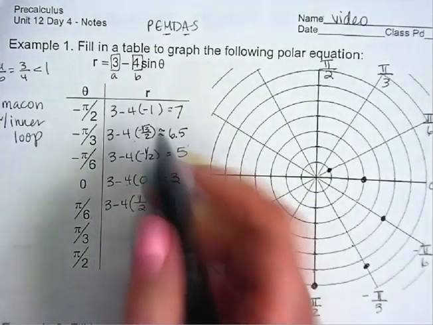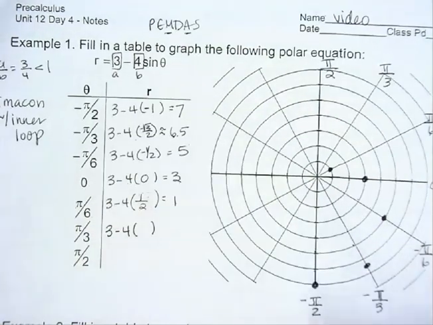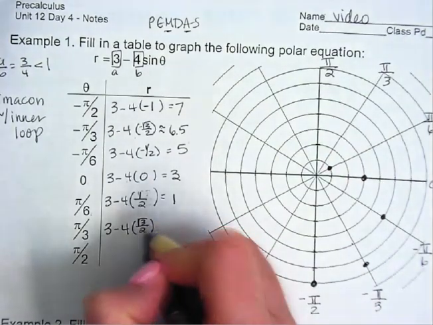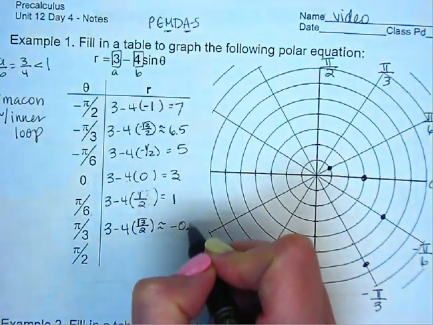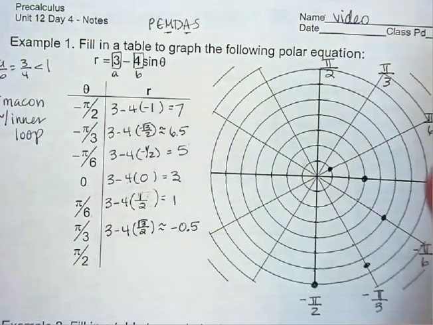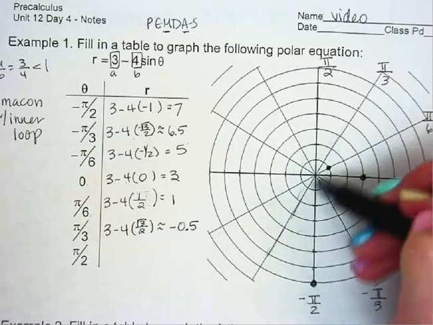Plug in π/3 for theta. At π/3, your sine value, this is the positive √3/2 that I was trying to get at a minute ago. That's going to give me -0.5. So this is the first one where our r is a negative value. So at π/3, here's my π over 3 pole.